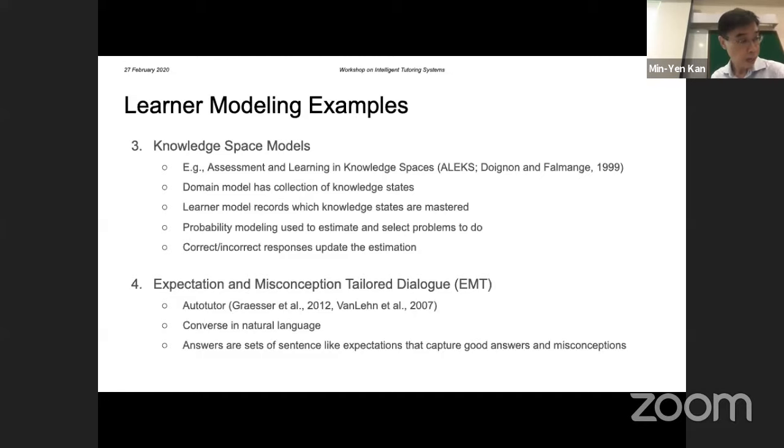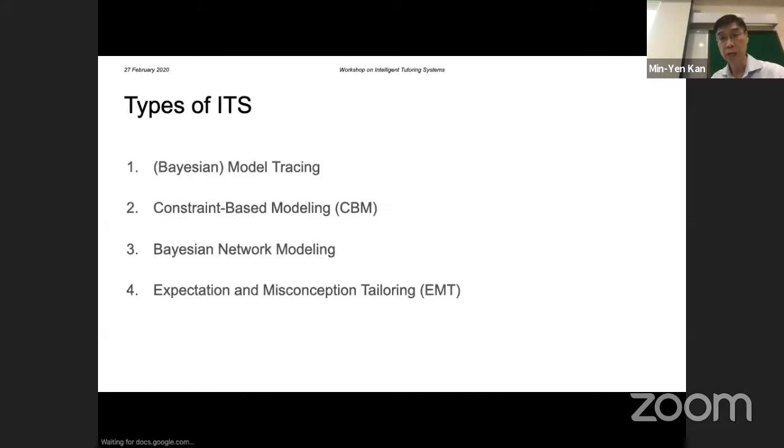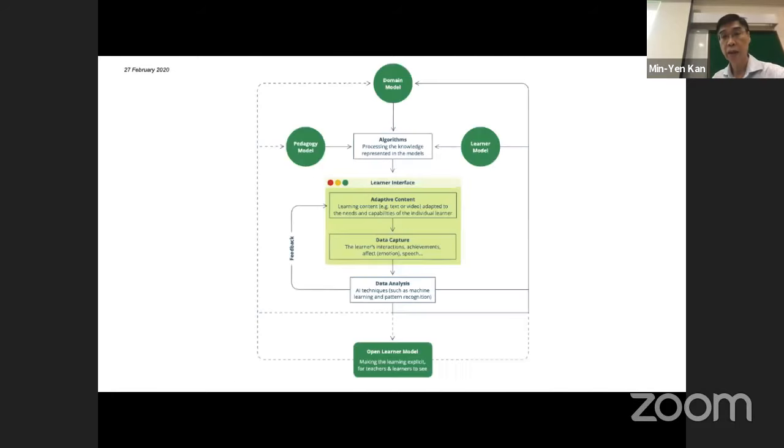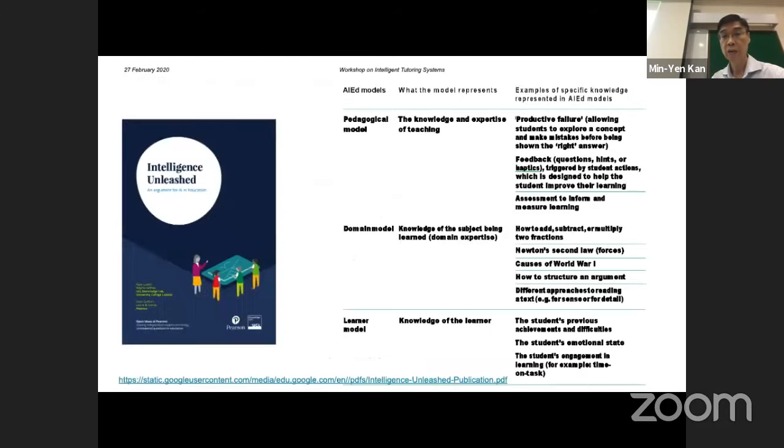So I'm almost done with the intro to ITS. Let me come back to the earlier chart that I said I'd hold back. This one, yeah. So the right-hand side. So pedagogical model. So some examples of the kind of knowledge you can represent in these models: productive failure, different kinds of feedback, questions, hints, haptics, trigger actions, assessment to inform and measure learning.